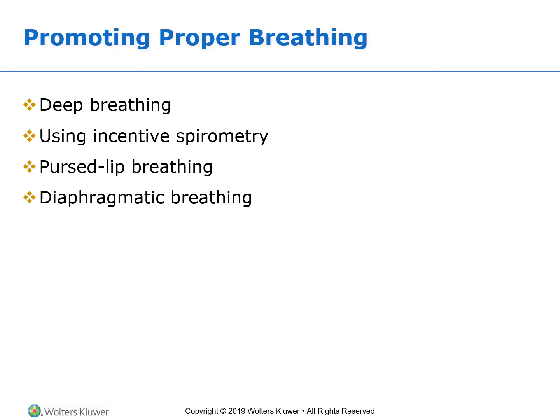Your muscles will just get weaker and weaker, and then pretty soon the patient will start to become very sleepy, and the level of consciousness will start to change, and your patient's status is going to deteriorate. Okay, so with diaphragmatic breathing, they're using more of the diaphragm to breathe with instead of the upper chest muscles.